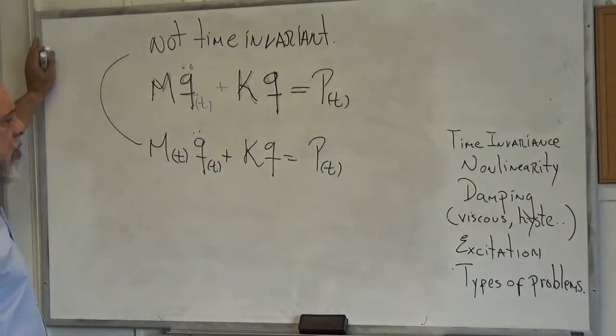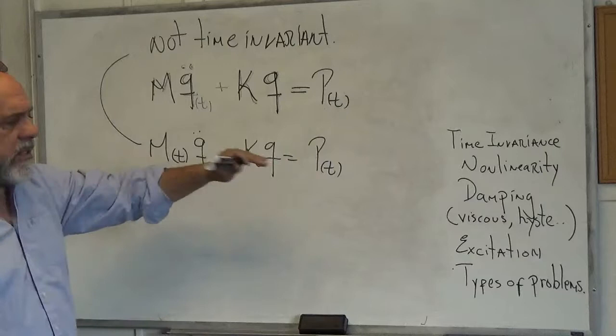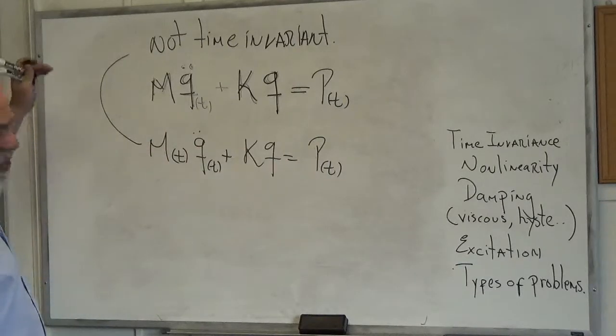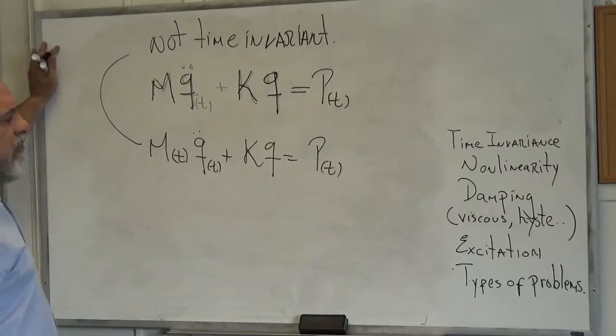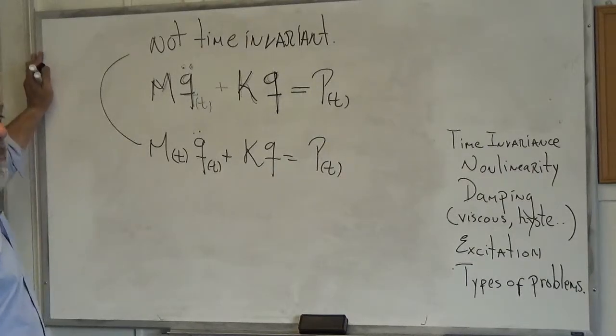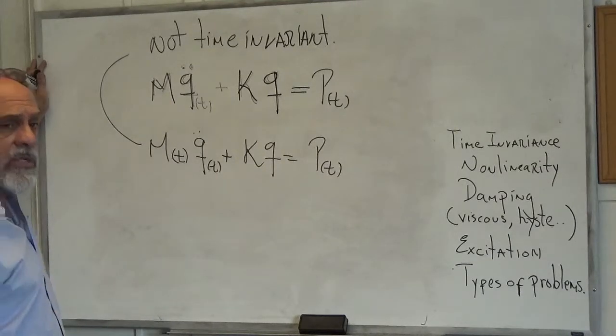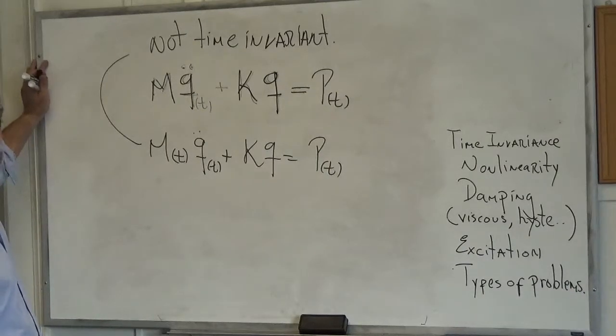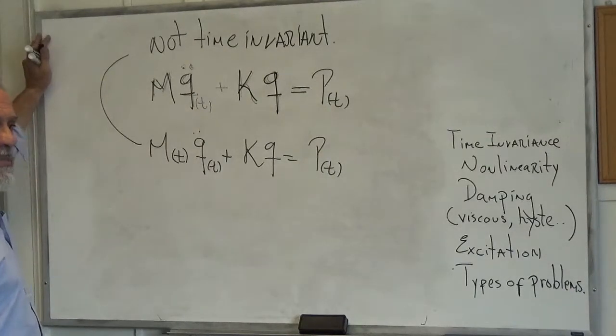Now, under what conditions can we have problems like this? Well, in structural engineering, we often don't have them that much, but you can certainly see that, let's say, in the model of a plane, the mass of the plane when it's taking off from Logan Airport going to Rome is not the same as 3 hours in flight, because there's a significant amount of fuel that has been used.